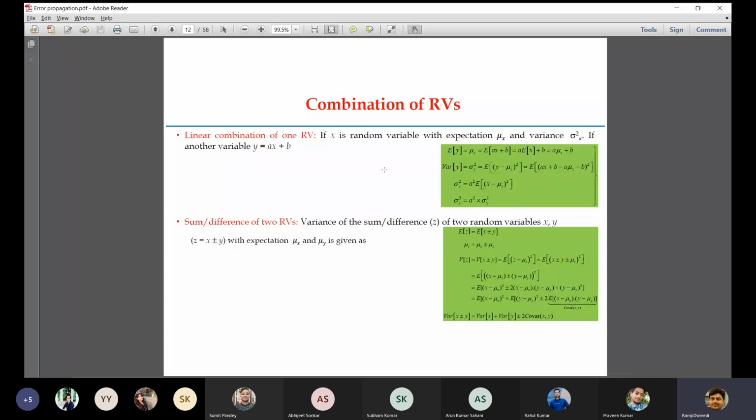Anyone having any doubt in this? See, if you are seeing it and not writing, then probably at this moment you will understand it. But the moment you are given the task and you do not have anything to see from, you will probably commit mistakes. So it is better that you write it.